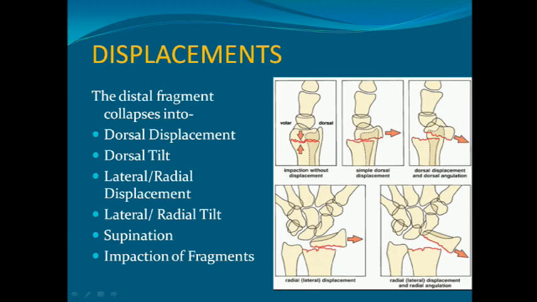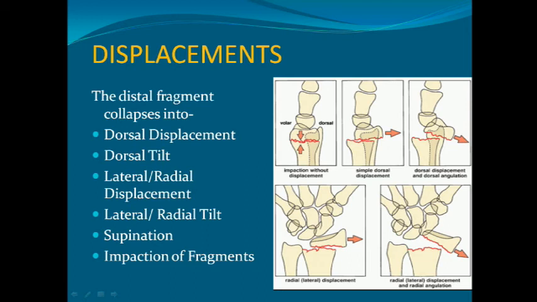So in this figure you have both dorsal displacement as well as dorsal tilt. Now third is lateral displacement or radial displacement. The fracture fragment goes more towards the radial side or lateral side, so we call it lateral displacement. If there is tilt, we call it lateral tilt.